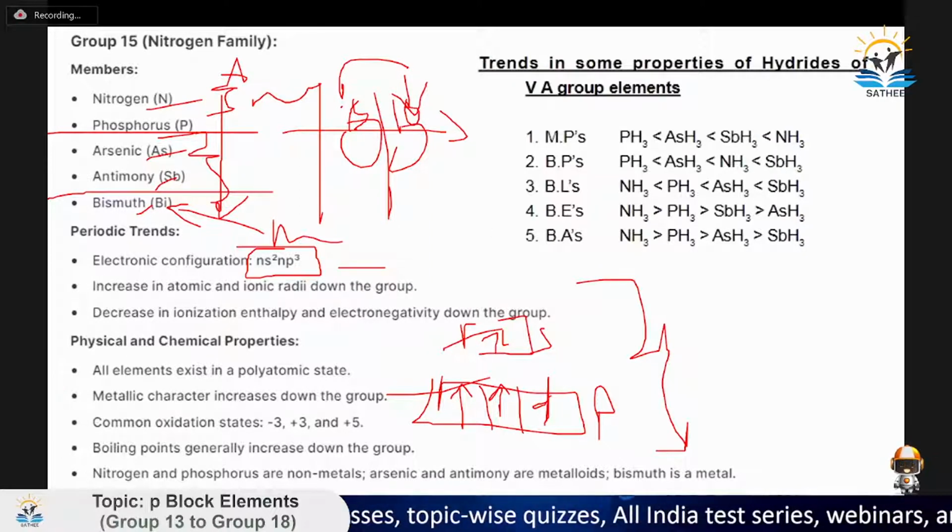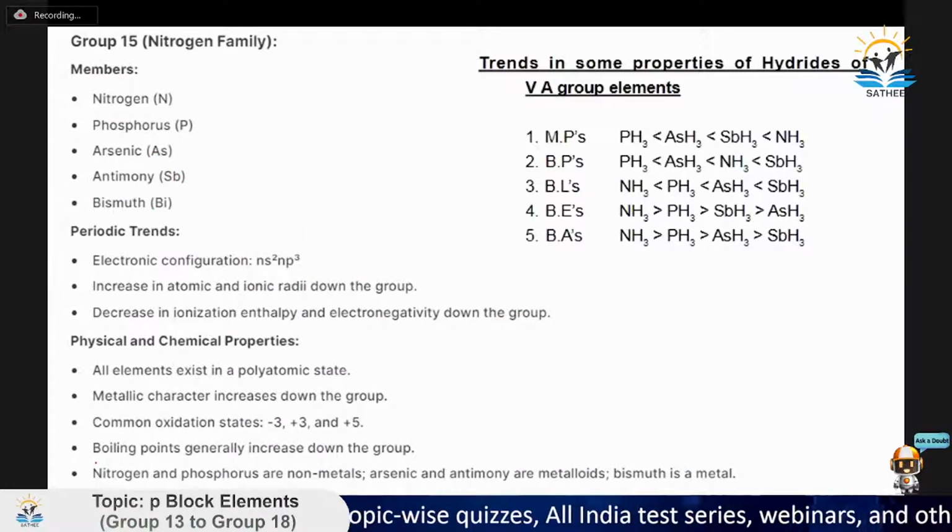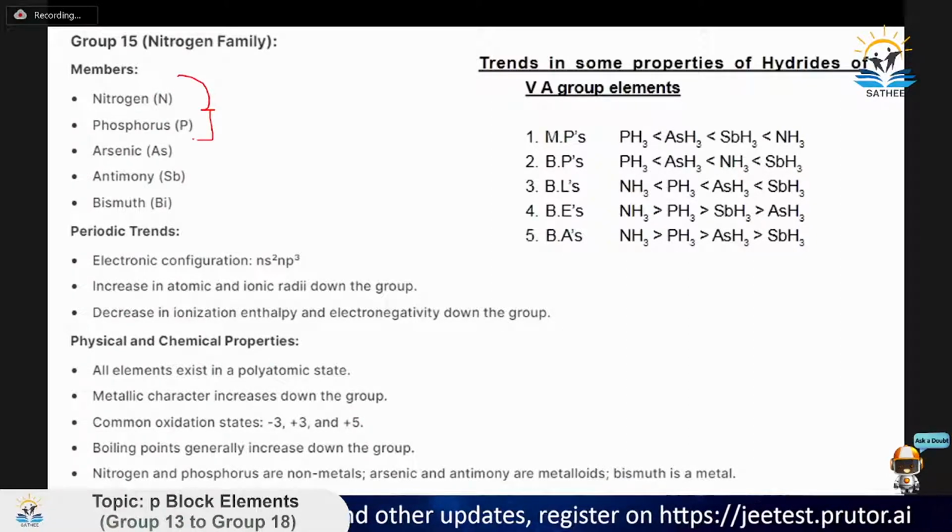Okay, that is a thing to keep in mind. The common oxidation states are -3, +3, and +5. We'll talk about nitrogen and phosphorus in greater detail, because these are the two most important elements of group 15.